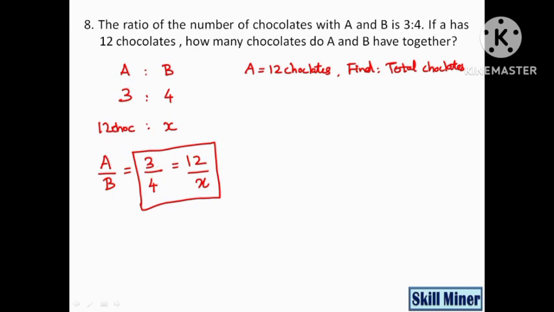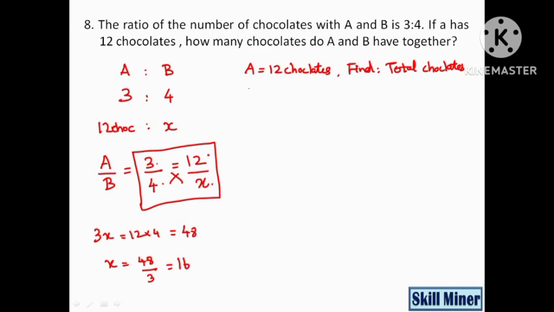Chocolate is divided in the ratio 3:4. We can cross multiply this. 3x is equal to 12 into 4. 4 12s are 48. x will be 48 divided by 3 is equal to 16.